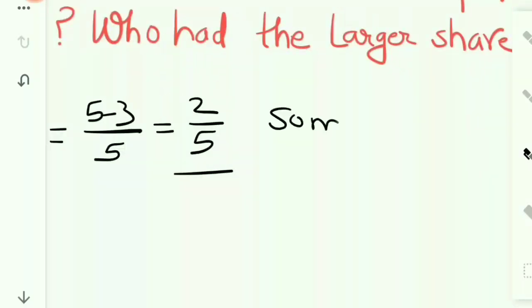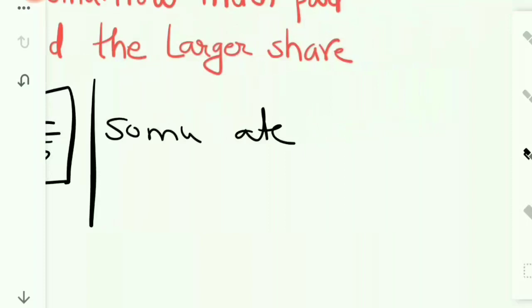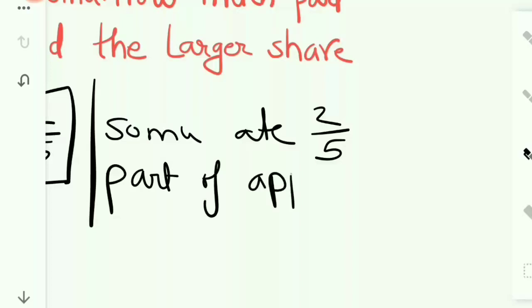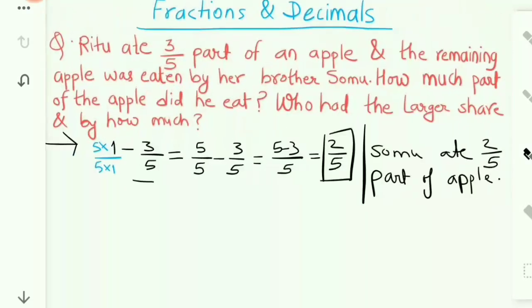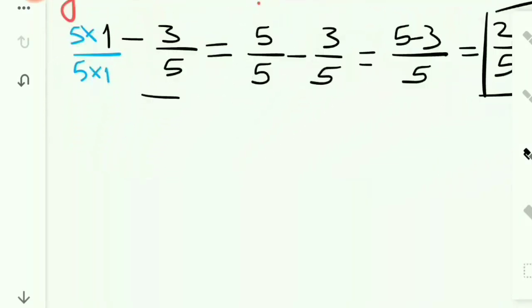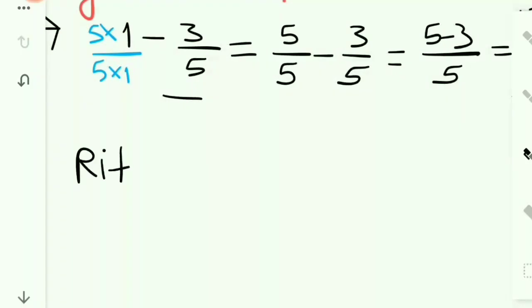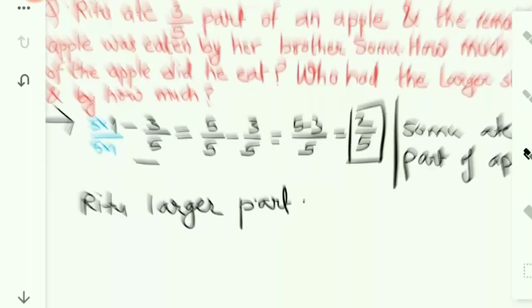Somu ate 2/5 part of apple. So 3 by 5 is greater. So Ritu ate larger part of the apple. Ritu ate larger part, and by how much?